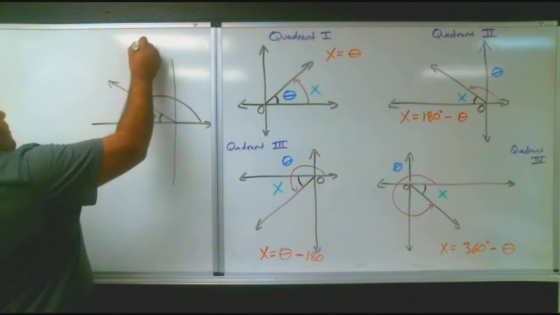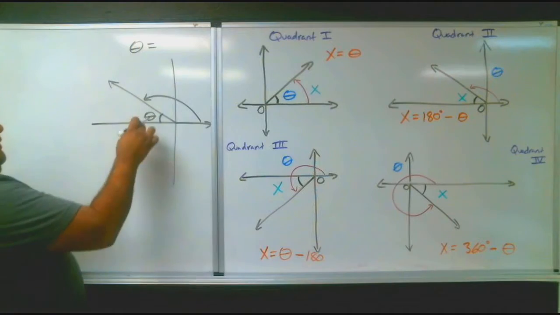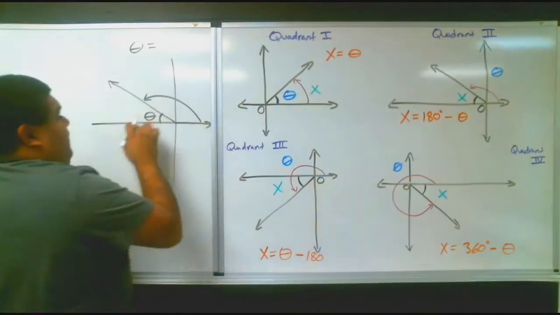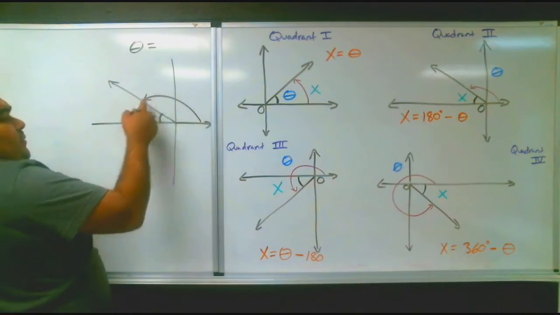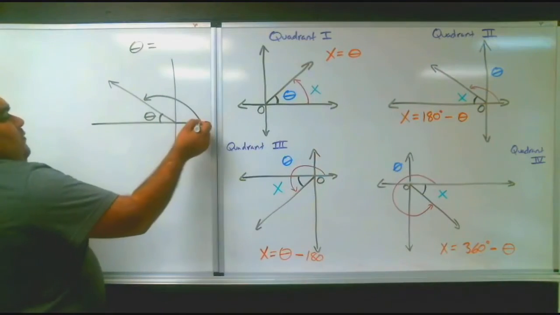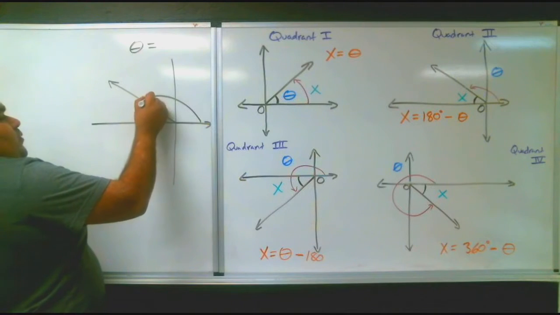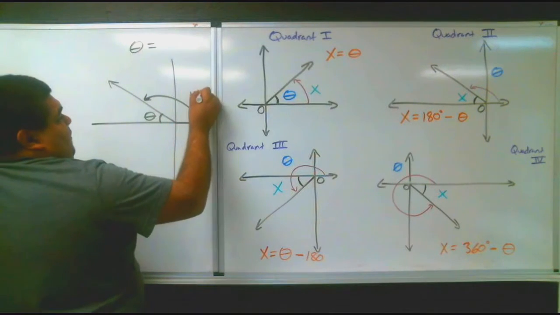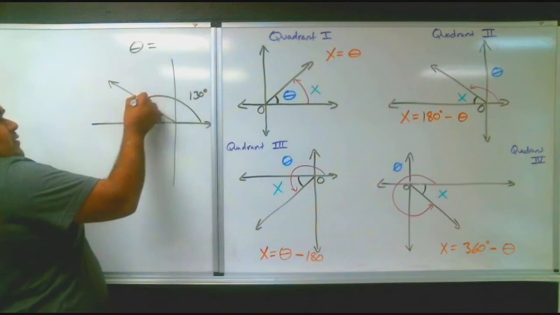Theta would equal, obviously for you guys it's x, whatever the angle is, the big one, subtracted from 180. What if from 0, it goes all the way to 130 degrees. So this angle here is 130.